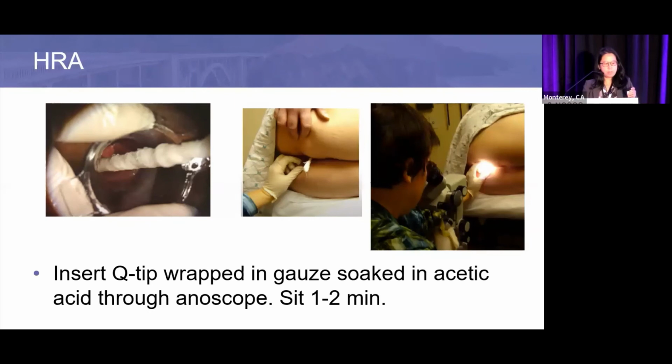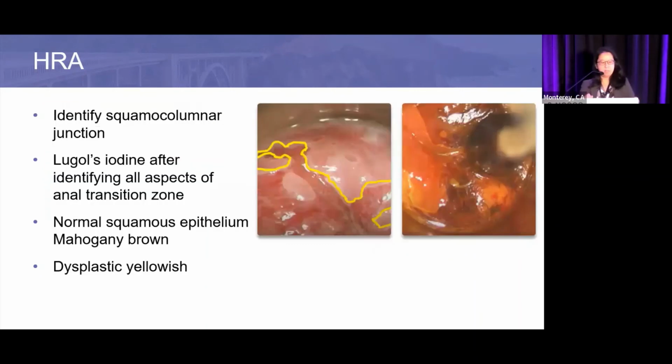So just a quick overview of how this is done. The patient comes in, you place a regular anoscope, and you insert a Q-tip wrapped in gauze, soaked in acetic acid, through the anoscope. You let it sit for 1 to 2 minutes, the middle picture, and then all the way to the right is where you start using the colposcope. What you try to do is identify the squamous-columnar junction.